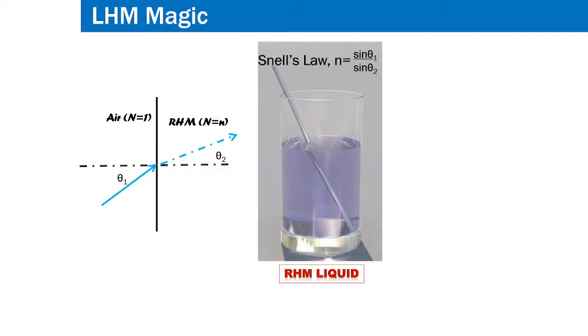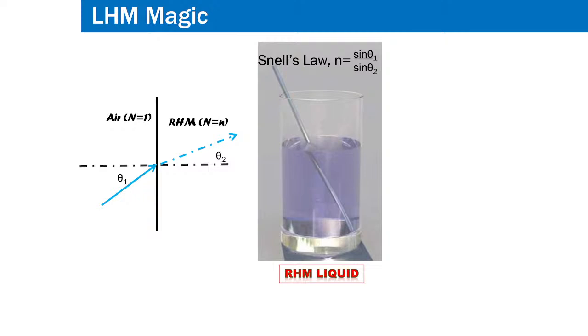If the stick is put into the liquid from the left-hand side, it will appear as if the stick is bending inside the liquid towards the right-hand side because of the phenomenon of refraction in the right-handed medium. If the liquid is right-handed, it means the refractive index is positive in the liquid.